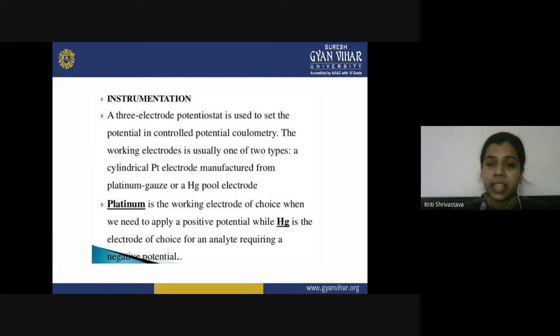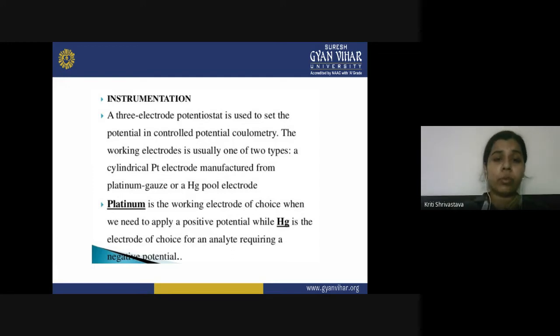Now let us see the instrumentation in this technique. A three electrode potentiostat is used to set the potential in controlled potential coulometry. The working electrode is usually one of two types: a cylindrical Pt electrode manufactured from platinum gauze, or a mercury pool electrode.